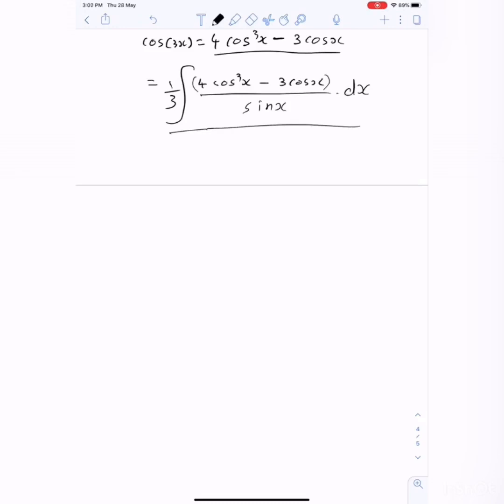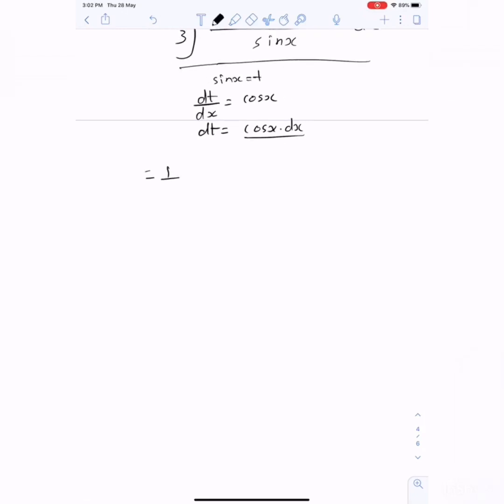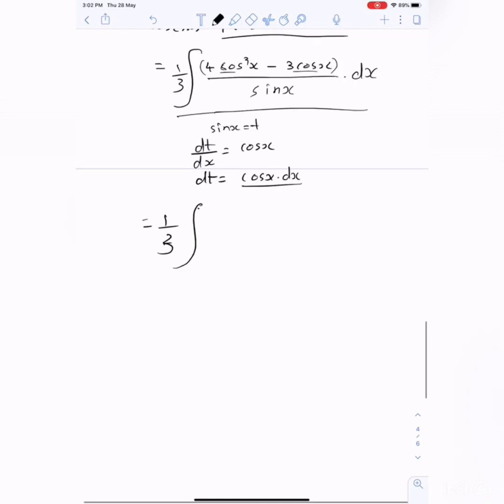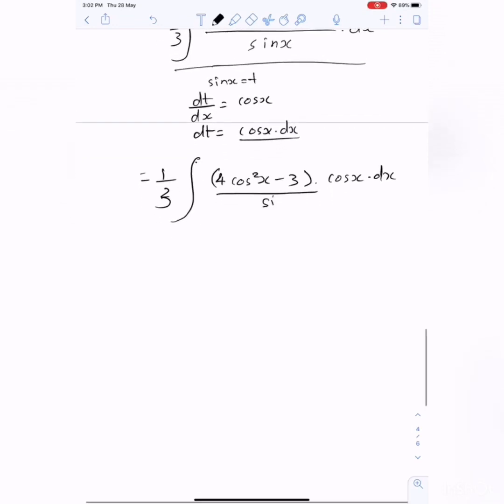Let's consider sin x to be equal to t. So dt by dx would be cos x, so dt would be cos x dx. So in our integral, let's do this one thing. This will be 1 over 3 integral of, let me take cos x common from both, so 4 cos square x minus 3 times cos x dx by sin x.